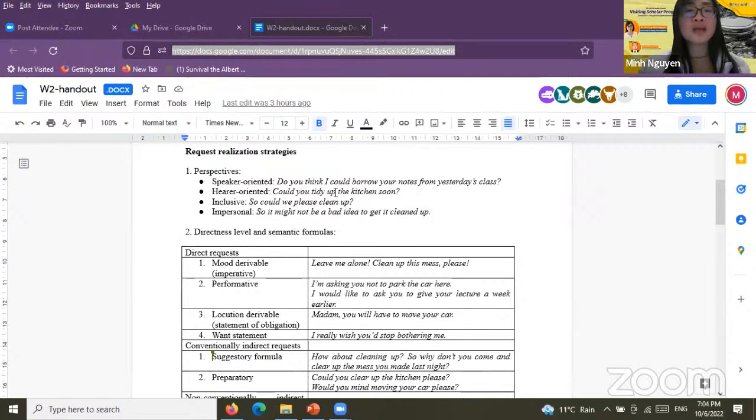Hearer-oriented is like "could you tidy up the kitchen soon?" or "could you lend me your notes?" Inclusive means using the inclusive we. So "could we please clean up?" or "how about us cleaning up together?" or "let's clean up together." So including both the speaker and the hearer in the sentence.